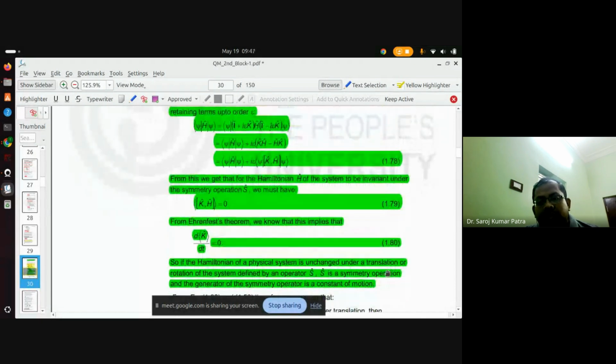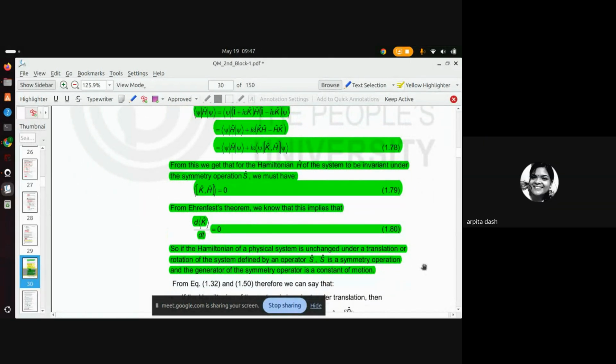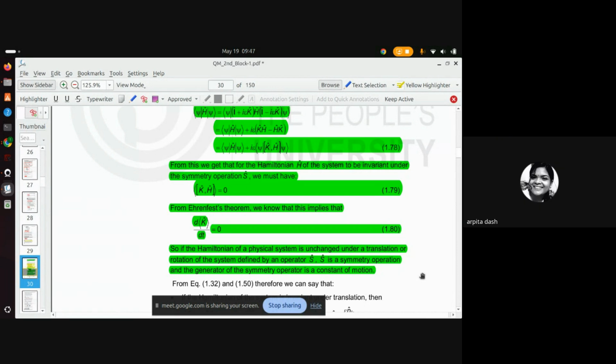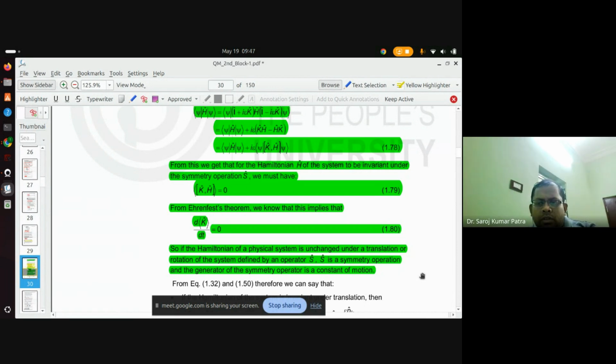If the Hamiltonian of the physical system remains unchanged under any symmetry operation, then the generator of that symmetry operation will be a constant of motion. For translation it is linear momentum, for rotation it is angular momentum.